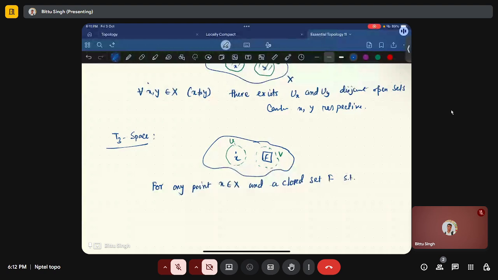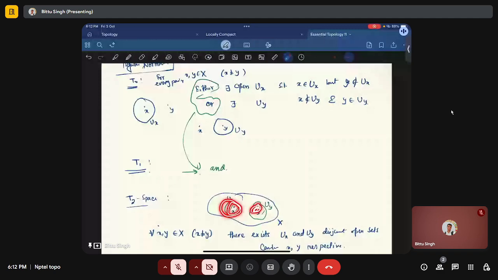So note that T2 will imply T1, right? T2 will imply T1 because here we have two open sets, but for T1 we only want one open set for each point. So T2 will imply T1, T1 will imply T0, but note that T3 may not imply T2.